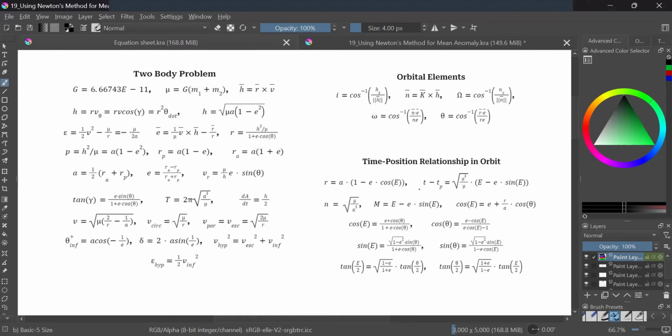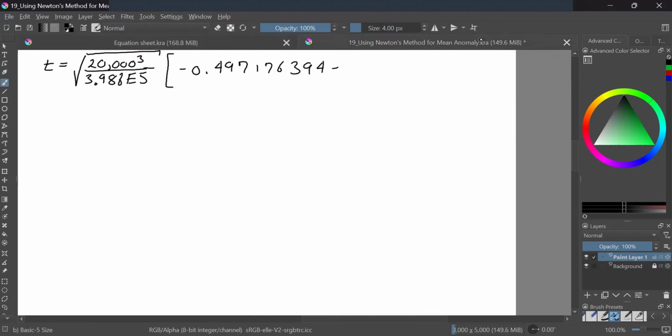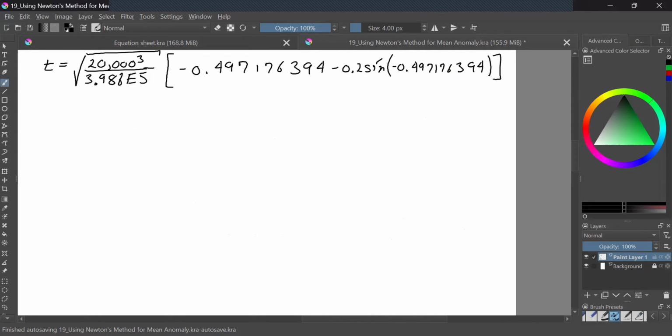Ordinarily I wouldn't be jumping over to this page nearly as much, but I'm doing it because I don't have my notes handy. So 0.2 times sine. Curse my large handwriting. Of minus 0.497176394 in radians. And so we should be expecting a time value of about minus 1800 seconds.